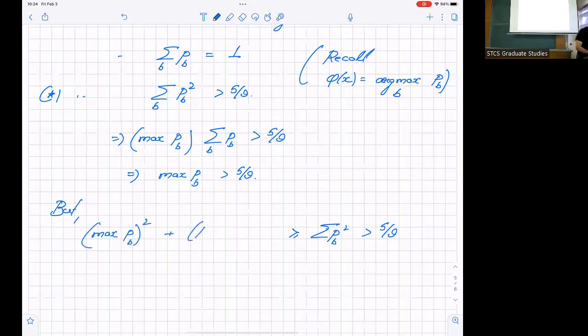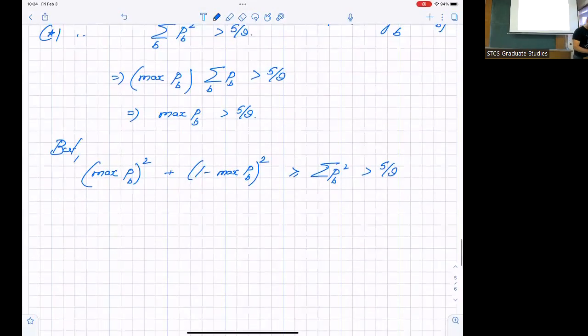So 1 minus max p_b is the sum of all the remaining elements. Even that squared will only be more, because there are more terms than this. So I should have this inequality. In particular, I should have max p_b square.